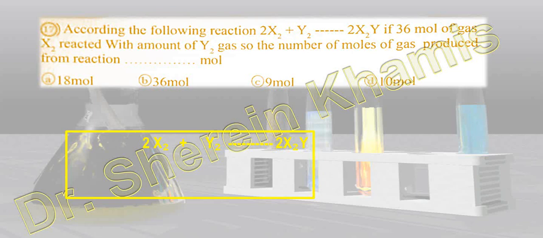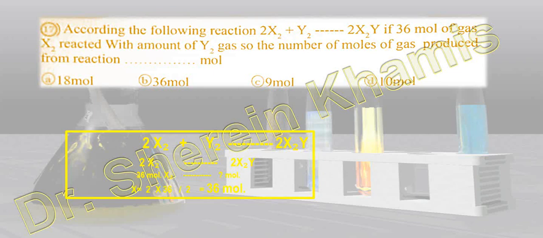Starting first, we have 2X2 plus Y2 that produce 2X2Y. At first we have 36 moles of X2, and we want to get the number of moles produced.